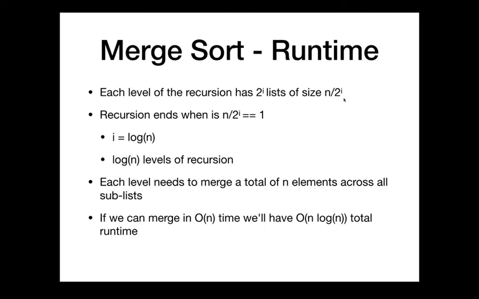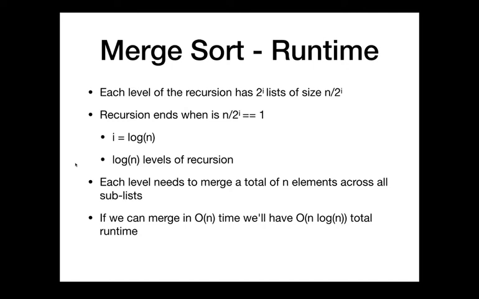In general, it's going to take n over 2 to the i, the size of each of the inputs at each layer, when that equals the size of our base case. If we solve for i, that's the number of layers it takes to get down to the bottom of our recursion and start returning up, which is going to be log n. So we get log n levels to this recursion, regardless of what n is.